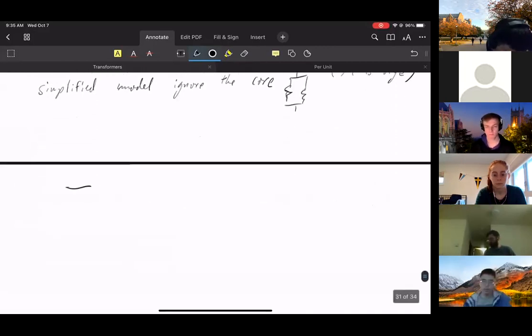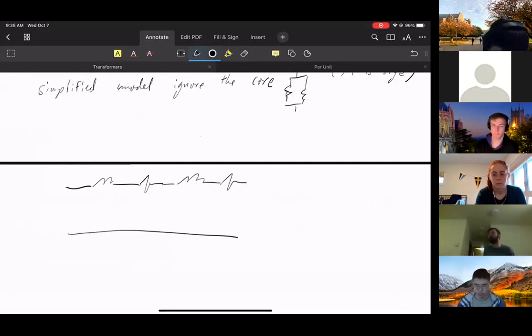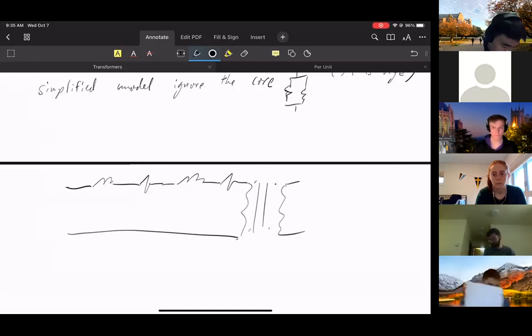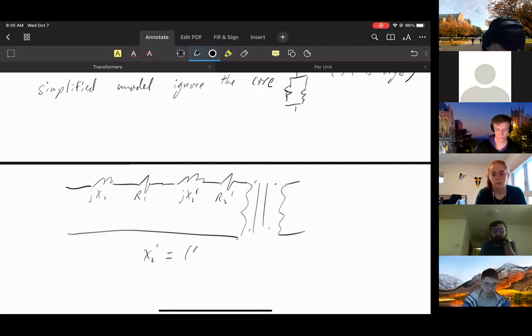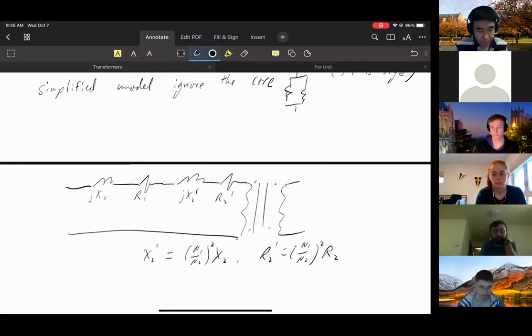If we ignore it, all we have left over is a simple series circuit: x1, r1, jx2 prime, r2 prime, where x2 prime is (n1 over n2) squared times x2, and r2 prime is (n1 over n2) squared times r2.